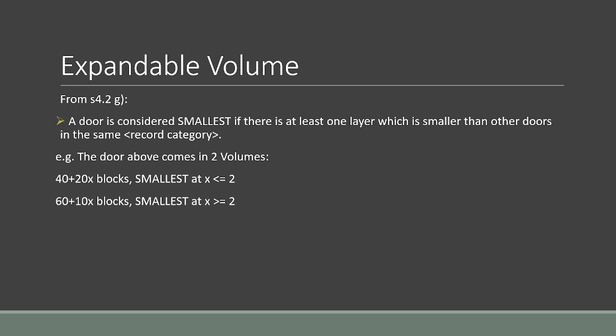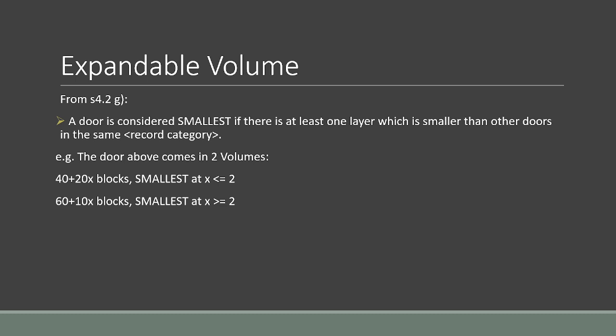Then we can of course see that 40 plus 20x will be smaller than 60 plus 10x when x is less than or equal to 2, and vice versa. 60 plus 10x would be smallest for x larger than or equal to 2. So yeah, so basically that's that.